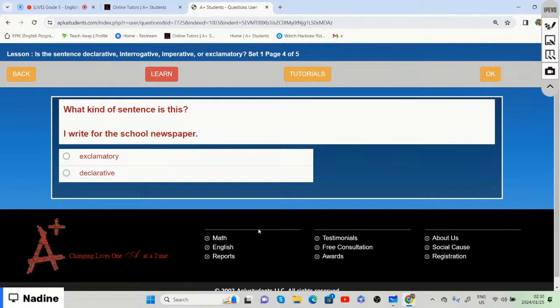All right, so if we must say what kind of sentence this is, I write for the school newspaper, then this is a declarative sentence. It is basically just a statement that the person is making. Unless somebody responds and asks, oh, for which newspaper? Why? Do you enjoy it? And then it will be conversational, but it's basically just a statement that is being made. So well done. Declarative is correct.